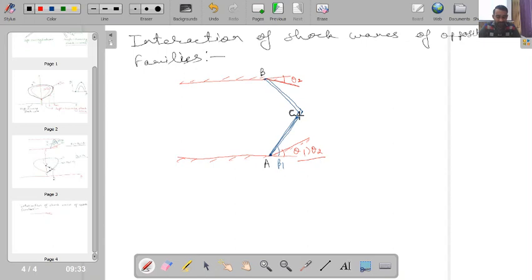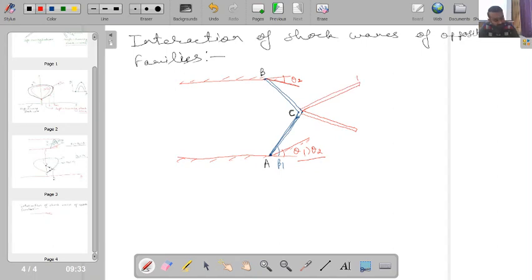Now after this point what will happen? Till now we have talked about shock reflections. Now we will be having shock refraction. You know the difference between reflection and refraction. Let's consider that this wave BC has refracted something like this, and AC has refracted something like this.